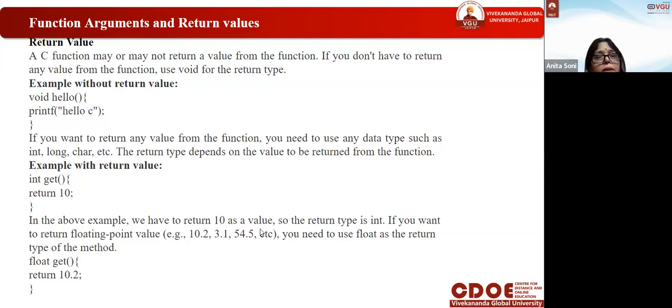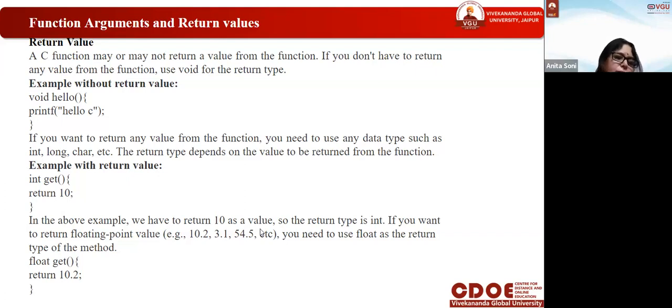If you want to return something which you want to reuse, then you write int or float. If you do not want to return anything, you write void. Like here, int get, and you are returning a value, return 10.